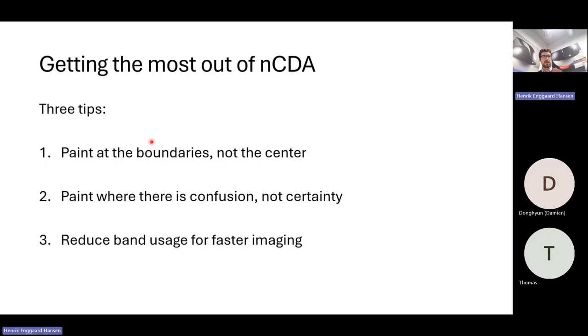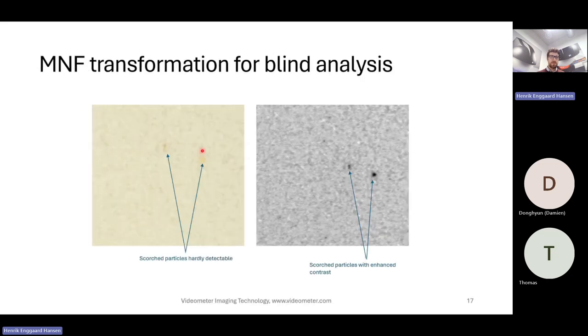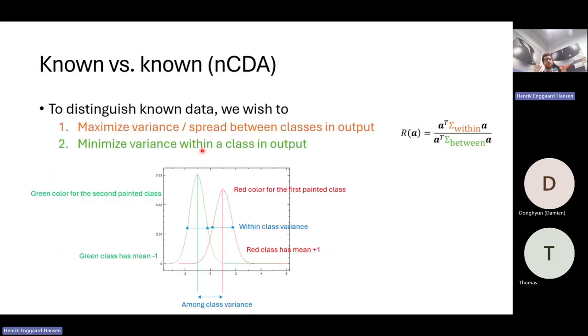So the first, about paint at the boundaries, not the center, is essentially related to the formulation of nCDA. And this is why it's very nice to actually know something about the mathematical basis of it. Remember that the idea of nCDA is that we are trying to maximize the variance between classes. But the formulation for the top of this quotient, I mixed the colors on this, is that we minimize the variance within a class.